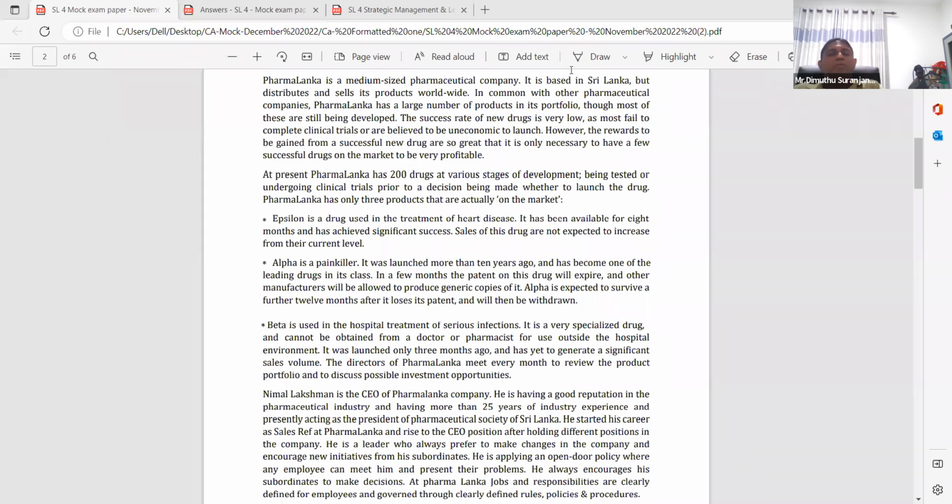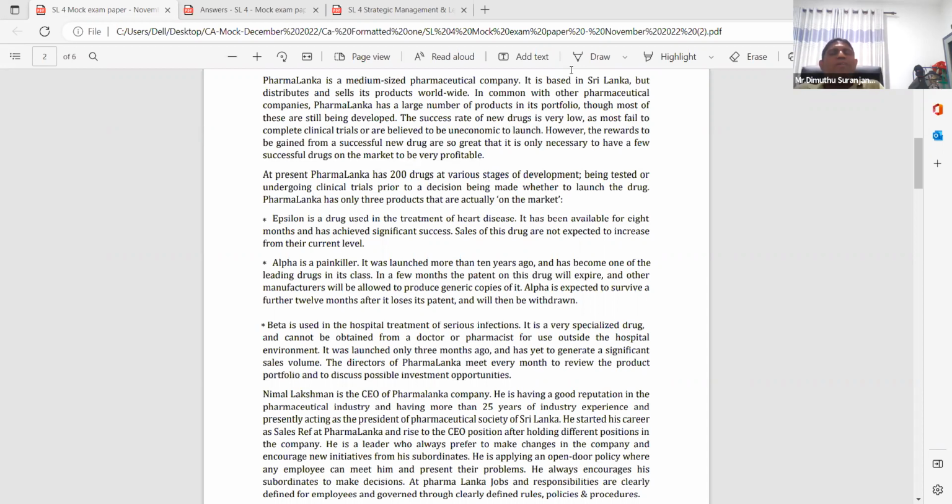However, the reward to be gained from a successful new drug is so great that it's only necessary to have a few successful drugs on the market to be very profitable. If you go through all these hardships and are able to launch one successful new product, that will give a lot of profit. So that's the introduction.